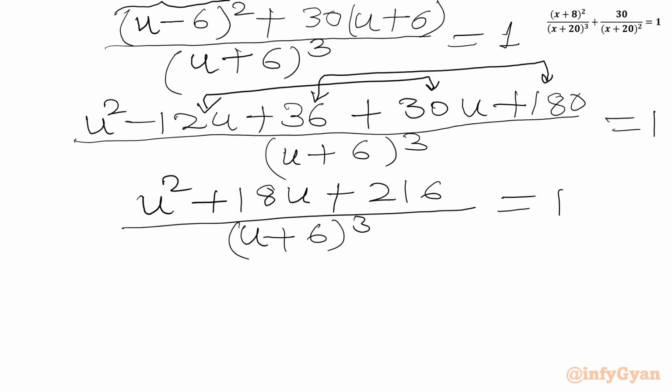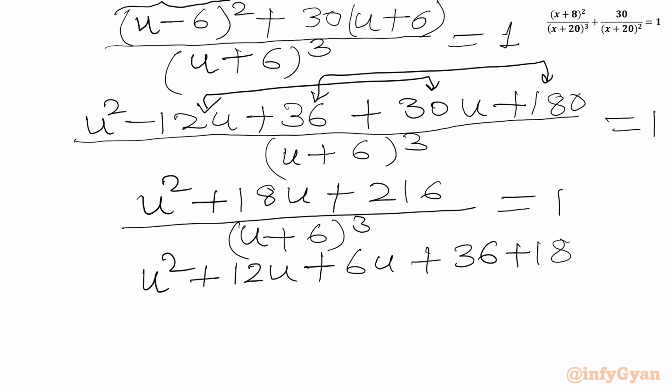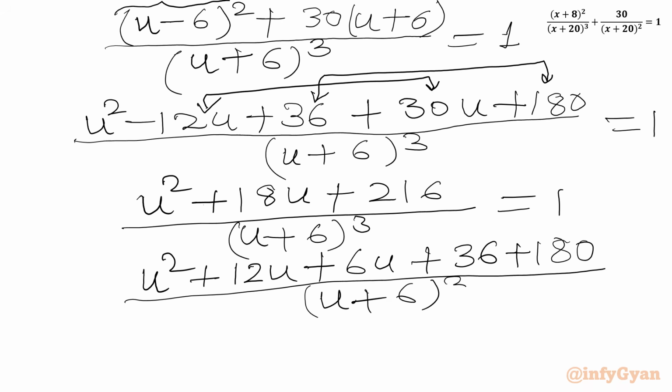My target is to achieve u plus 6 whole square in the numerator. So keeping this in mind, I will write or split 18u as 12u plus 6u. 12 plus 6 is 18. Now 216 we will split as 36 plus 180 over u plus 6 whole cube equal to 1.